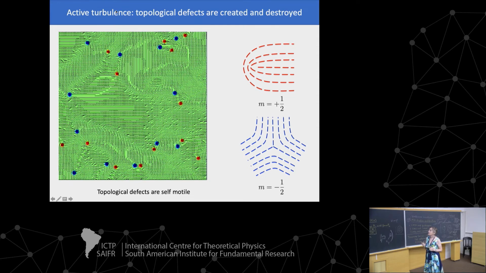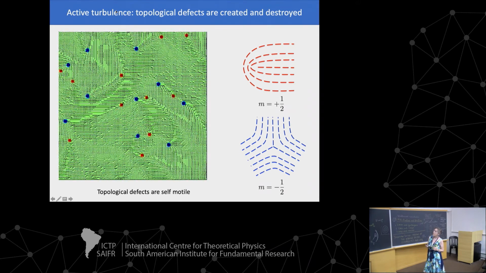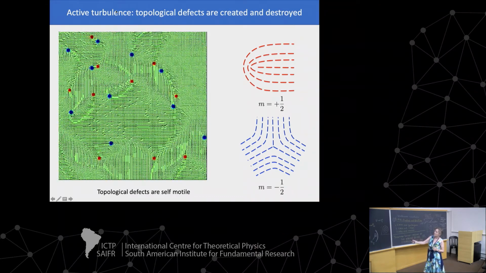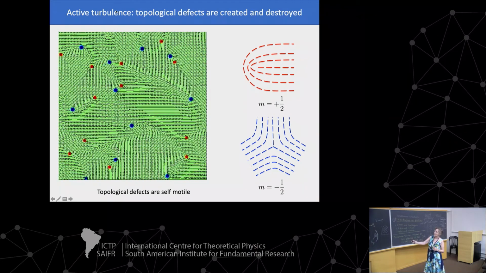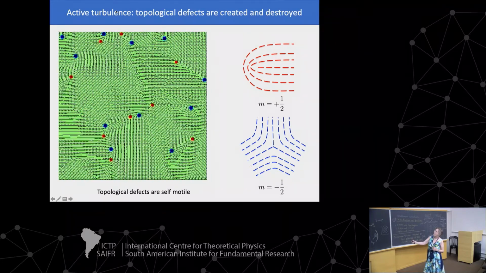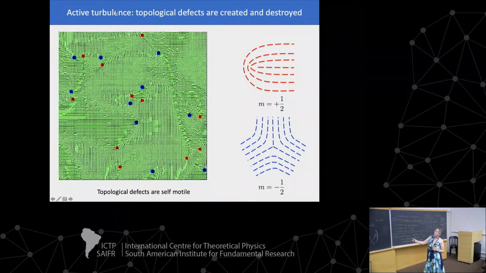If we look at this again, you'll see that if they're created, they immediately move away from each other. Let's have a look again, because this is the important bit. Watch them move away from each other when they're formed.